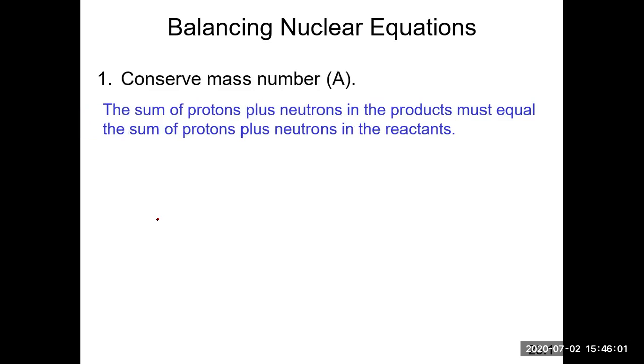To have a balanced nuclear equation, there are two things that you have to look for and make sure of. The first thing is we should have a conservation of the mass number. What that means is when you add up all the mass numbers, which are the numbers on the top of the symbols on the left-hand side of the arrow, and you add up all the mass numbers on the right-hand side of the arrow, they need to equal the same number.